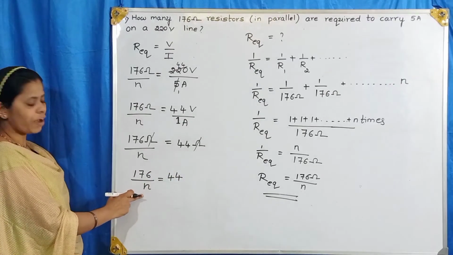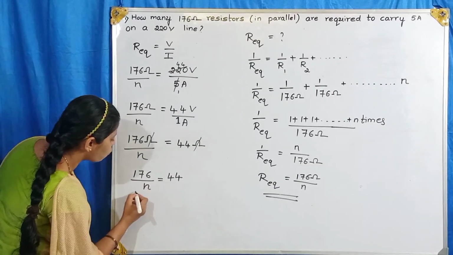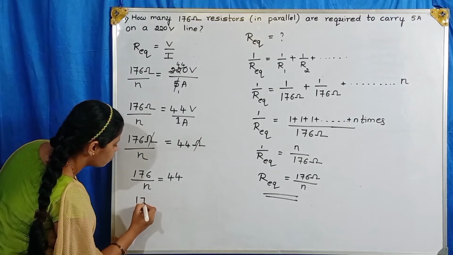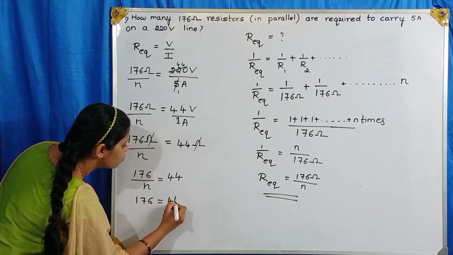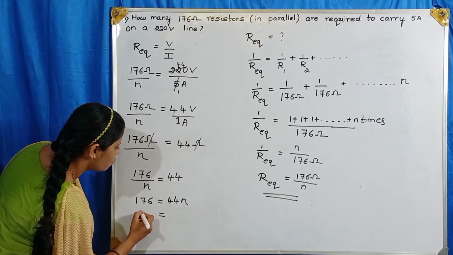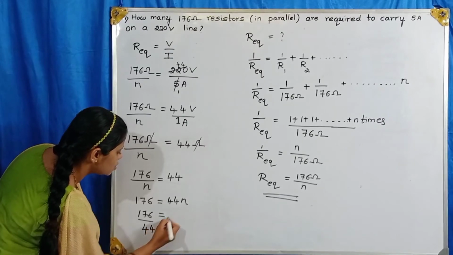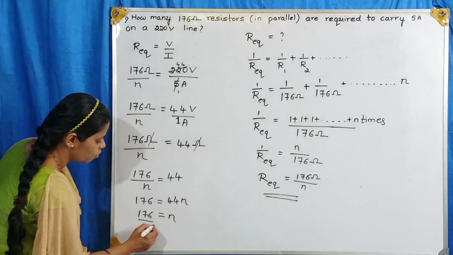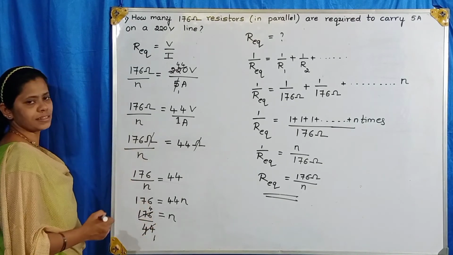Our intention is to find out the number of resistors, isn't it? Therefore, what I will do? 176 divided by 44 is equal to n. 44 ones are 44, 44 fours are 176.